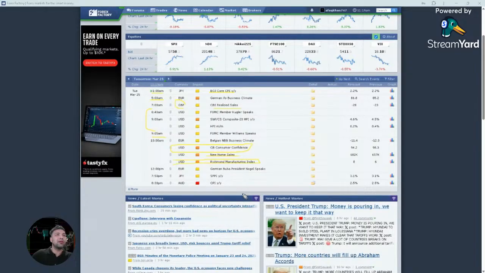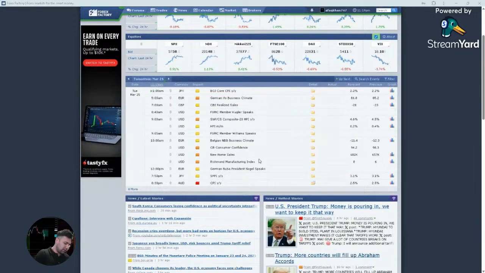So we would be discussing all this stuff, and then the Bundesbank president speaks for the German as well. And then later at night we do have CPI yearly for the Australian dollar. So right now it's the CPI for the yen, and then again for the Australian dollar right here. So let's get deeper into the understanding of how things are actually looking.